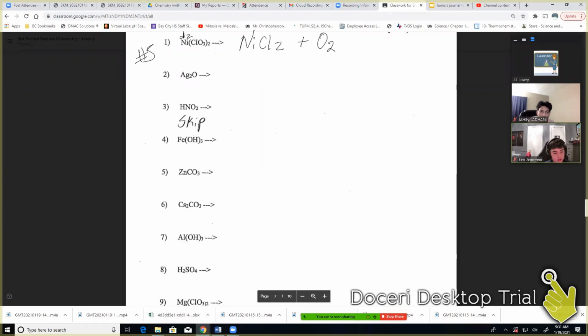So that's going to kind of be your skeleton, and then you have to always balance it. So if I look, let's see what I got. My oxygen, I have 6 oxygen on my reactant side, so I would put a 3 here. And then I think everything else would be balanced. Nickel, I only have 1 on each side, and my Cl, I have 2.